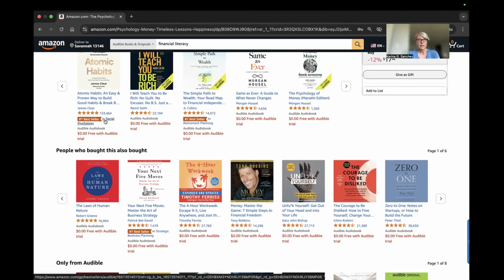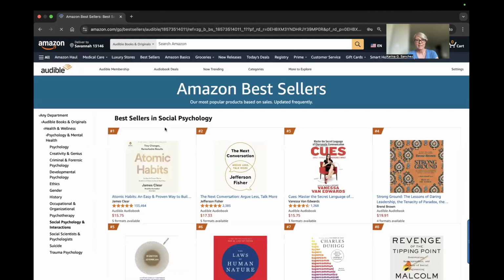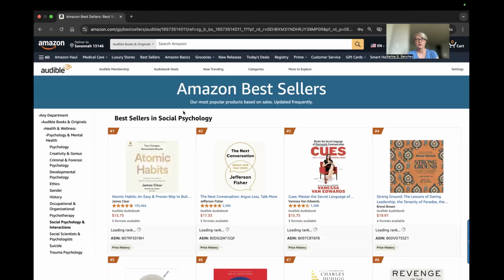It's also probably a bestseller on Amazon. And this book, again, famous book, Atomic Habits, like everybody knows it. But if I go into the category itself, then I can see that it's a bestseller in social psychology. That's one of the categories that this book is a bestseller in.